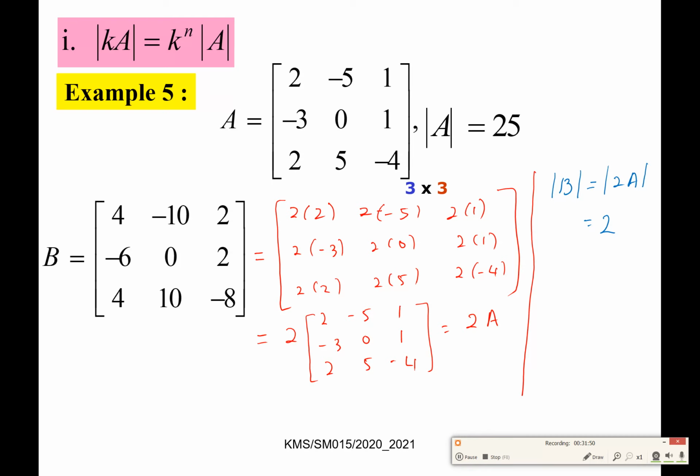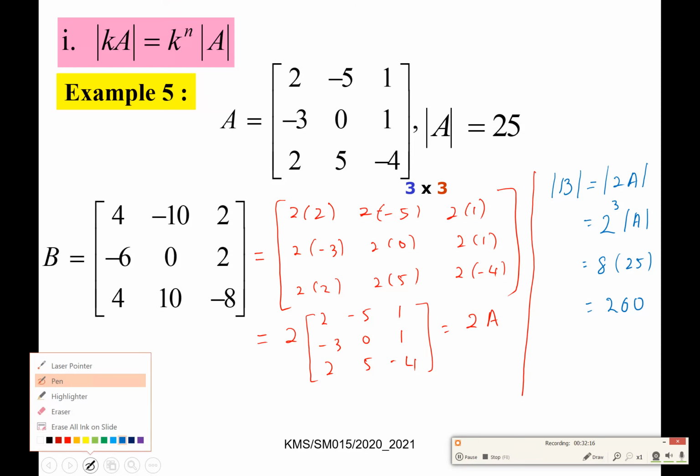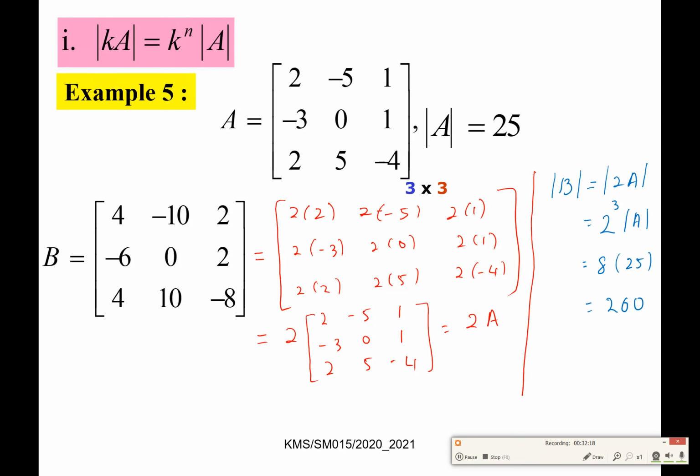What is n? n is the order of the matrix, and the order here is 3. So it is 2 cubed, which is 8, times the determinant of A, which is 25. So the answer here is 200. You must be clear about these basic properties of determinant.